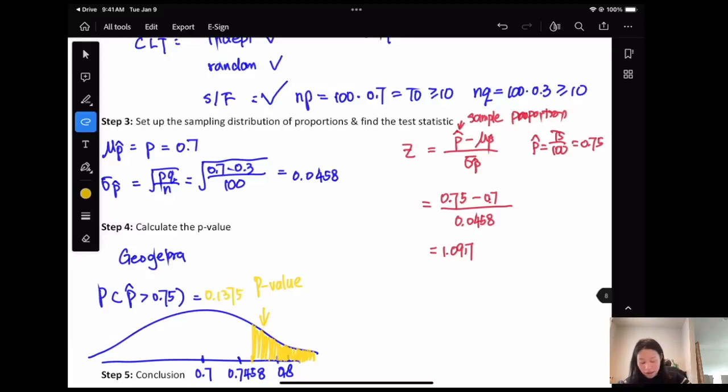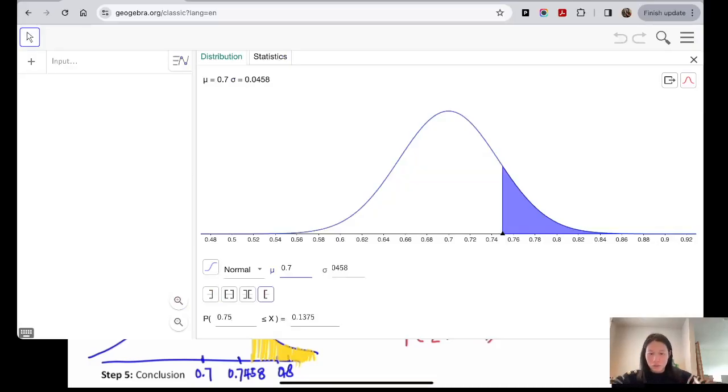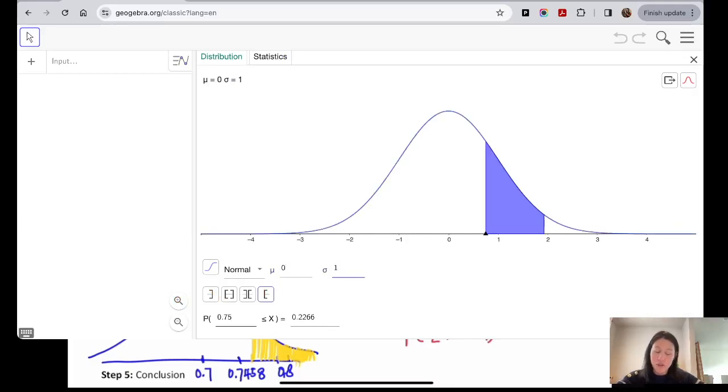Now we need to look at the test statistic. For the test statistic, we know this follows a normal distribution, 0 and 1. We want to find the probability that the z-score is greater than 1.917, with mu equals 0, sigma equals 1.